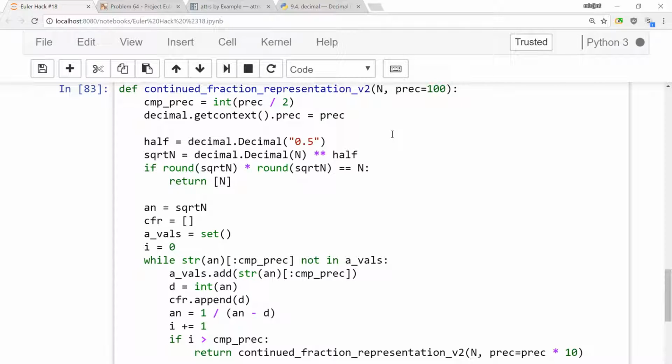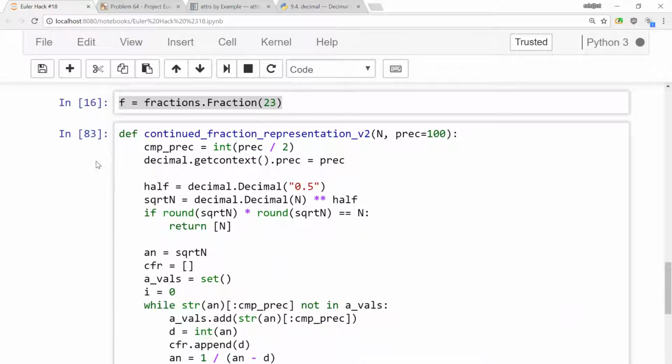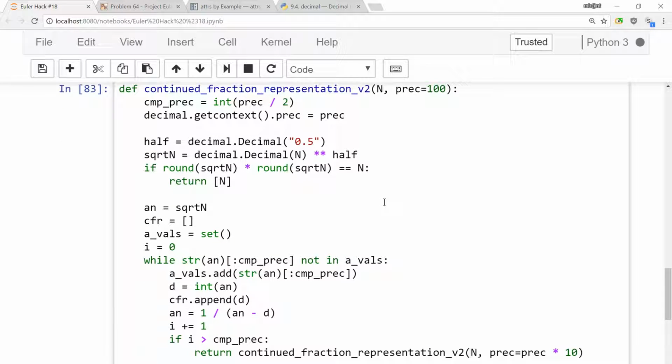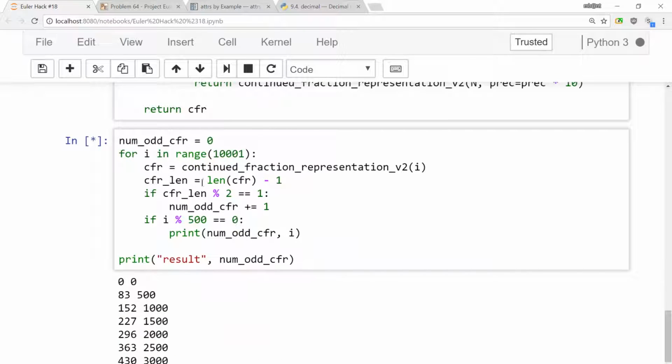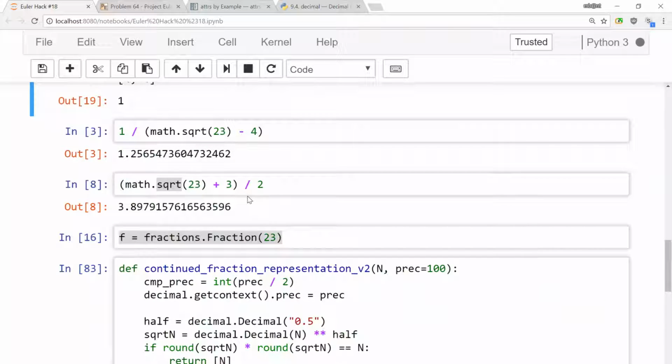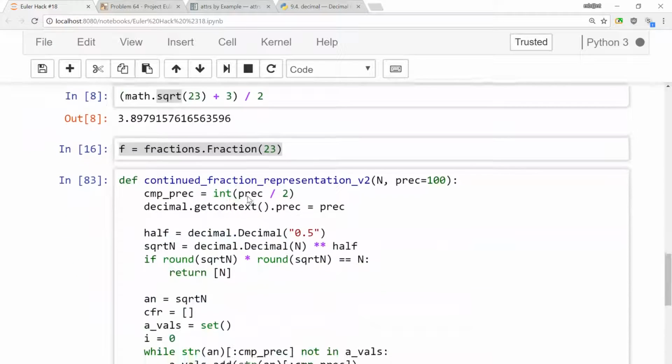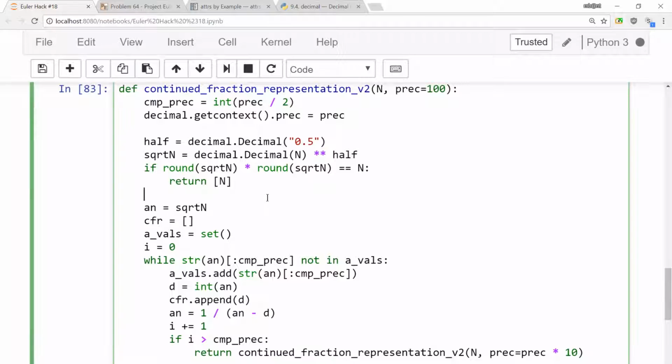Kernel busy. Okay. So as long as this thing is still gray, it shouldn't have the star. Well, this one does. Okay.